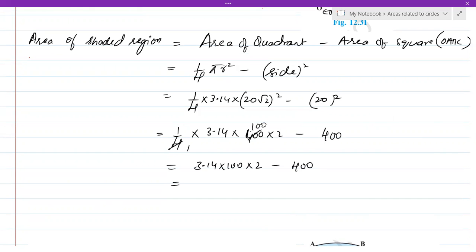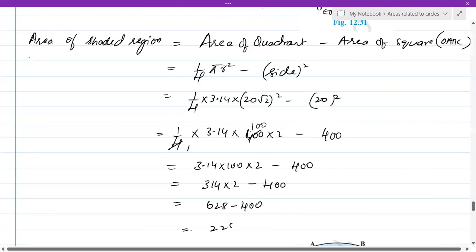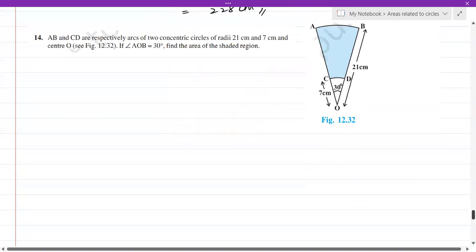So 3.14 into 100 becomes 314 into 2 minus 400. So 314 into 2 is 628. 628 minus 400 becomes 228 centimeters square. That's the area of the shaded region. Let's get into the next question.